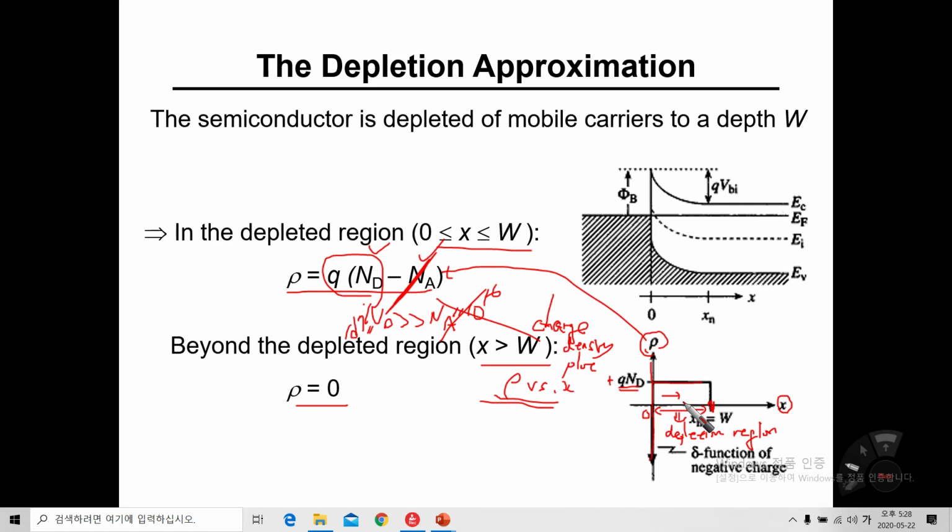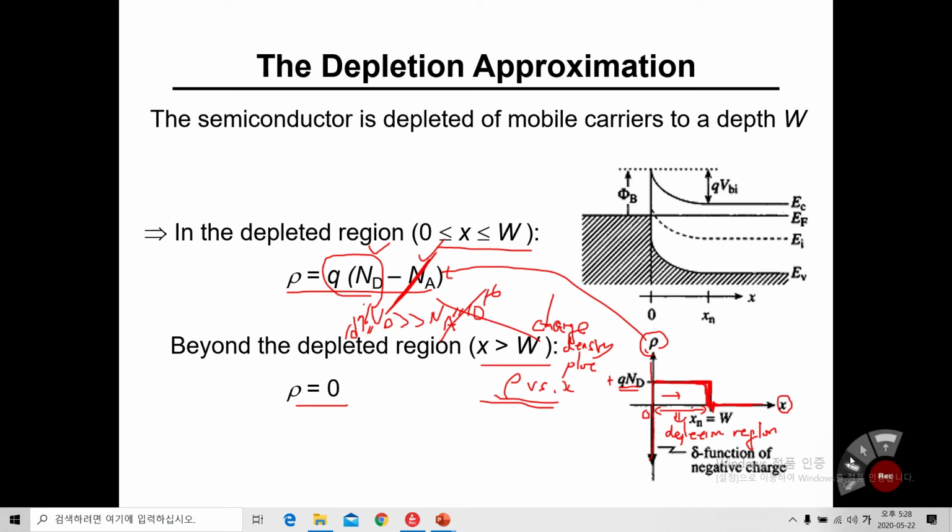But if x is higher than W, in the bulk region, there are many electrons available. So the bulk region is neutral, in other words, the charge density is zero. Mathematically, a step function should be used to describe this charge density plot.